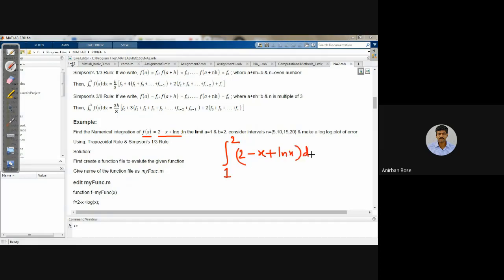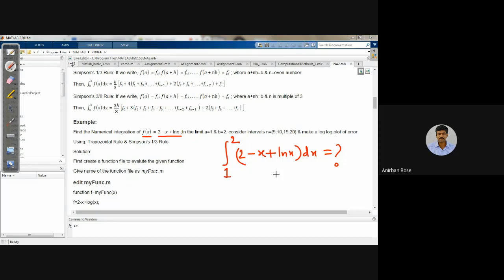This definite integral we want to find through numerical integration, not the conventional integration. Definitely we can do it by conventional integration, find the result, and finally check whether our numerical integration is accurate or not. It will give some error and we will be able to calculate how much error it produces.